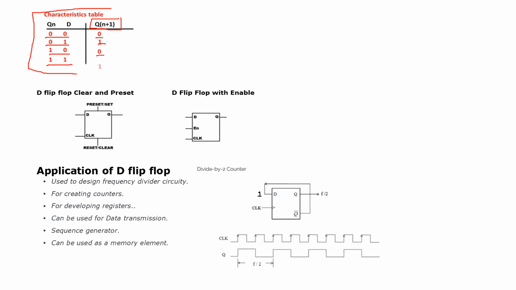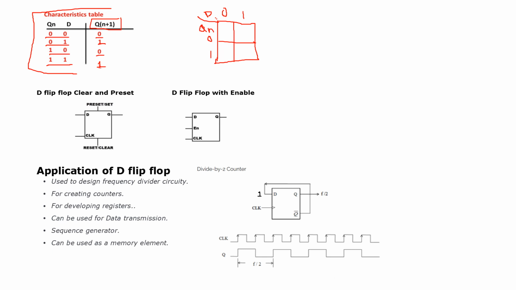For Qn and D, 11 it will be 1. So I will use K-map. Here I will write D and here I will write Qn. This is my 0 and 1 and this is my 0 and 1.